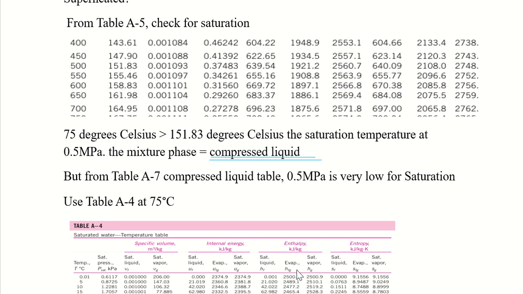Compressed, okay? But we have a problem. After finding this from the saturation table, you have to come to table A7, which is the compressed liquid table. And you will find that at 0.5 megapascals, there are no values.